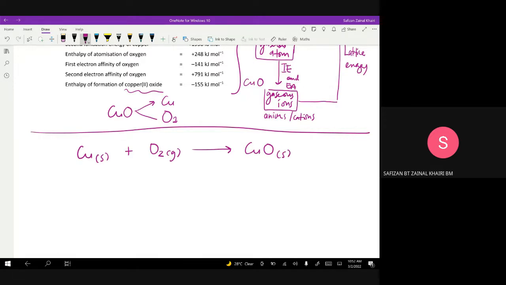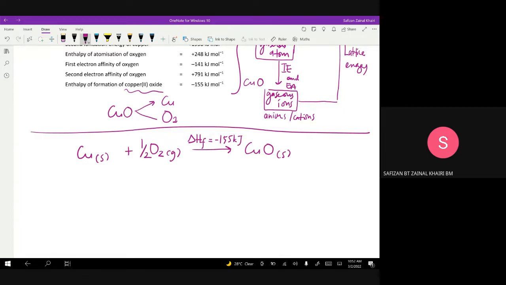Okay, next, you balance the equation, so you have to put half here. The enthalpy change here we call as the enthalpy of formation, iaitu -155 kilojoule. Okay, so this is the first equation you have to write.